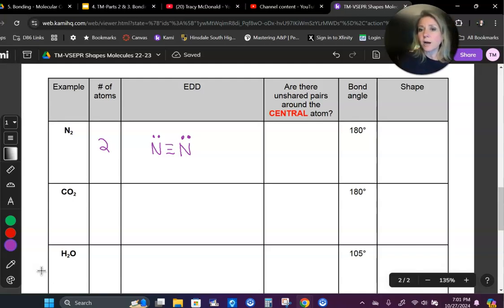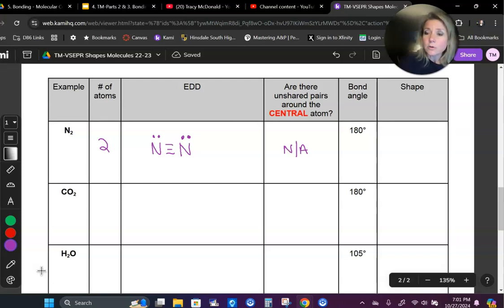In the next column, are there unshared pairs around the central atom? Well, the thing is that we don't have a central atom. If you have only 2 atoms, neither of them is in the center. So this is just not applicable, or NA. The bond angle here is 180 degrees. Think about the atoms as being 2 points in a line, and a line always has an angle of 180 degrees.